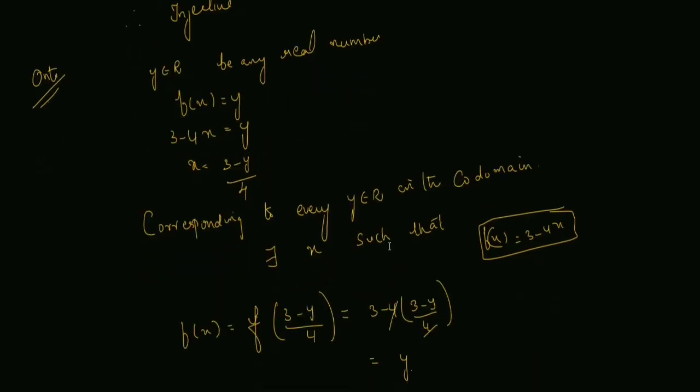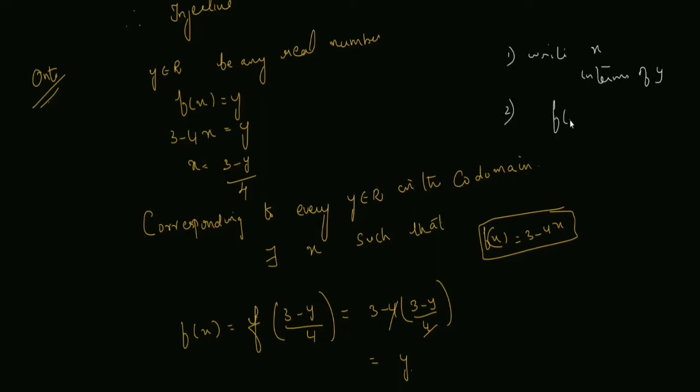That is, f of (3 minus y) by 4 is what? f of x is 3 minus 4x, so in the place of x you have to put (3 minus y) by 4. 4 and 4 get cancelled. So you get y.